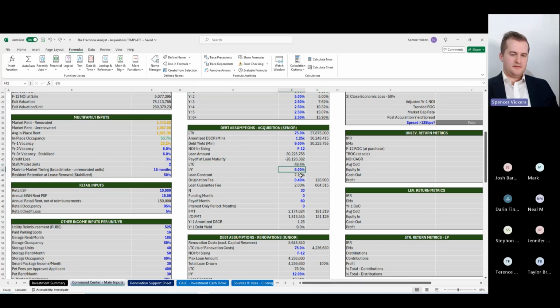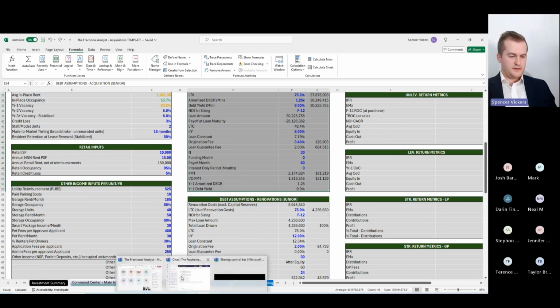This is your interest rate, loan constant, origination fee, loan guarantee fee, amortization period in years, the month it gets funded, the month it's paid off, any interest only period in months, your annual payment and monthly payment, both amortized and interest only, your year one DSCR and your year one debt yield. So that is the senior acquisition loan.